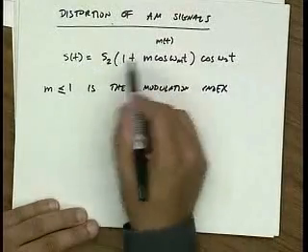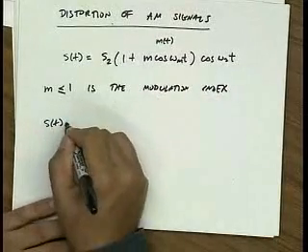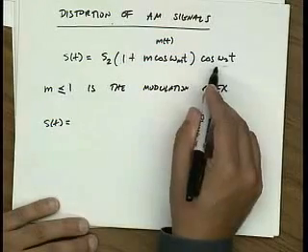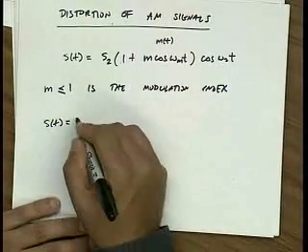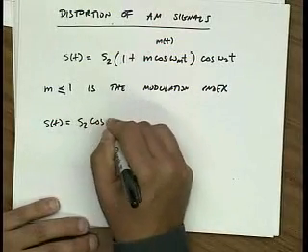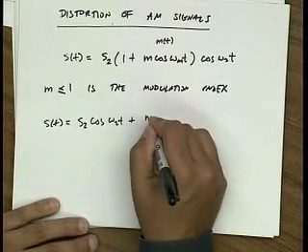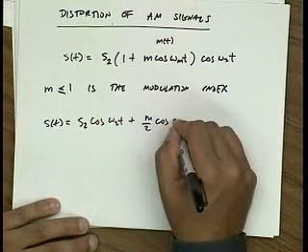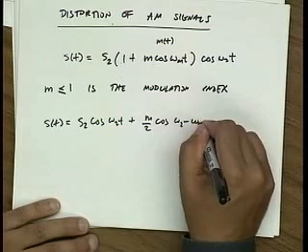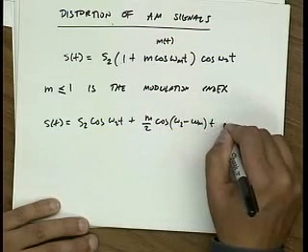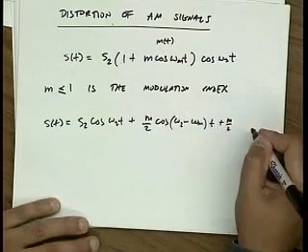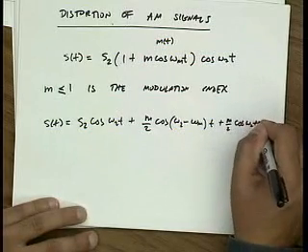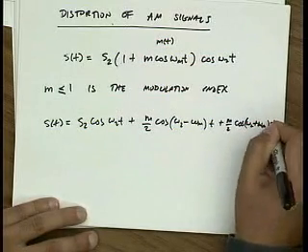And so I can expand this product out using cosine 1 times cosine 2, which is sum and difference cosines, and I get basically three terms: m over 2 cosine (omega 2 minus omega m)t plus m over 2 cosine (omega 2 plus omega m)t.